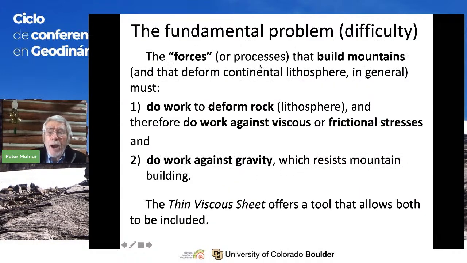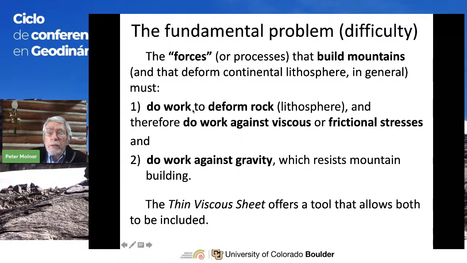The fundamental problem that has led to this, and I use the word problem to mean difficulty rather than a scientific problem, a question. The forces or the processes that build mountains and that deform continental lithosphere in general must do work of two kinds.